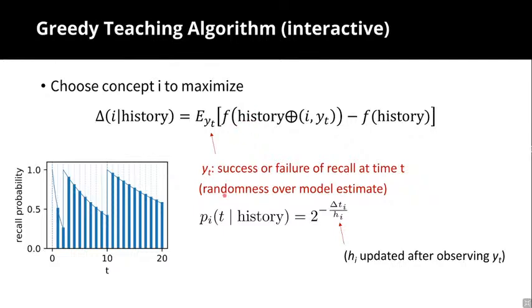This F function is calculated based on our half-life regression model, which could be learned from a group of learners before they come into our system. The greedy algorithm just picks the concept that maximizes the expected gain of the item. Okay, the algorithm is very intuitive. There's probably not much to explain in terms of the basic mechanics.